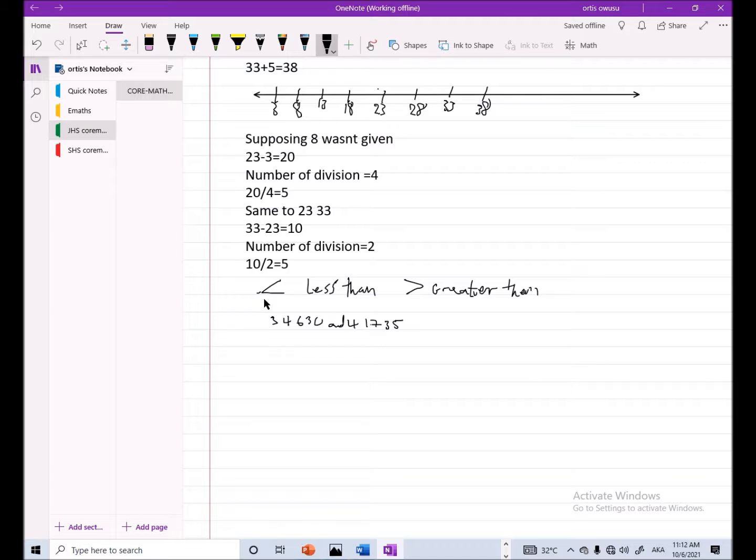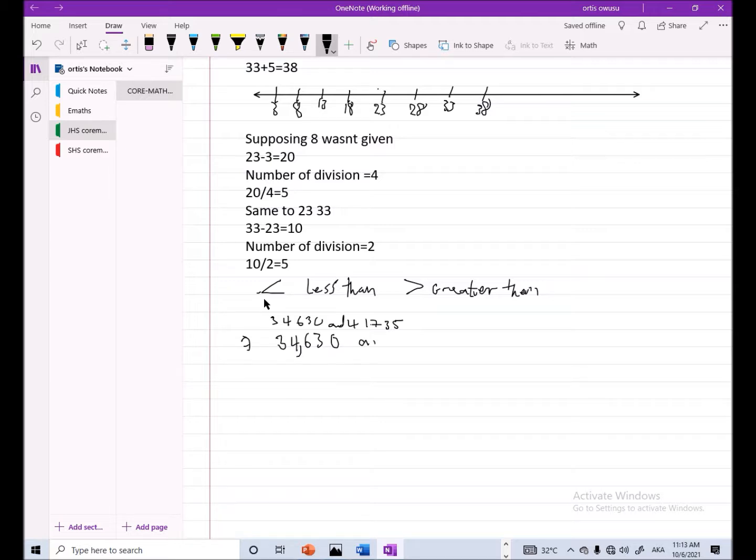So we have 3 4 6 3 0. Let's count it 1 2 3. Then we bring our comma. So it means that this is 34,000.